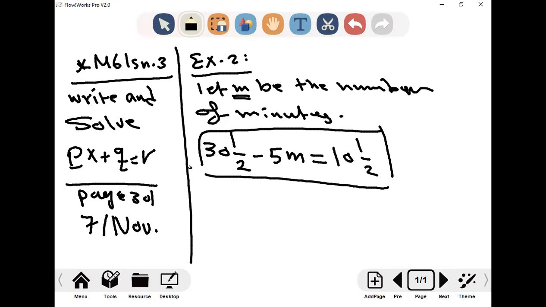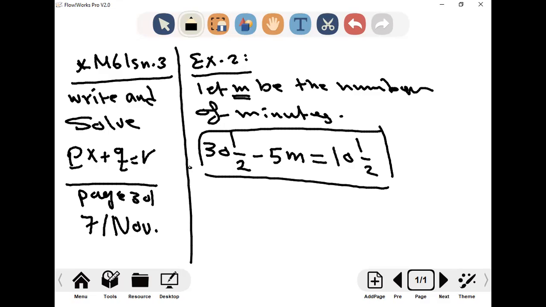It decreased, drains out, subtract, right? In each minute 5 gallons. Then m minutes, 5m. To reach equal how much? 10.5. Right?